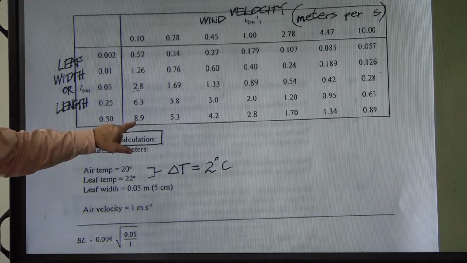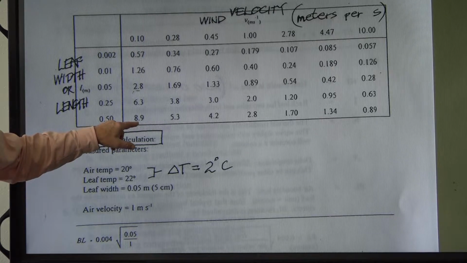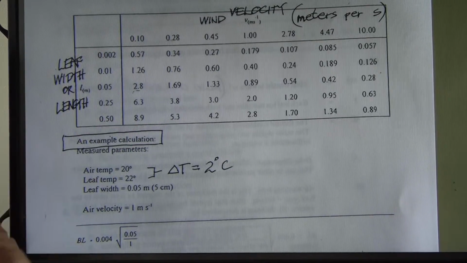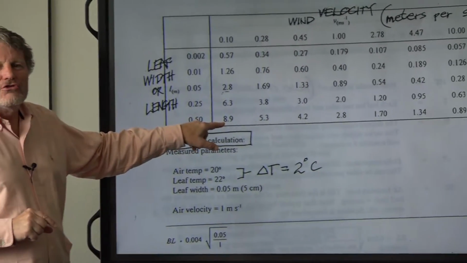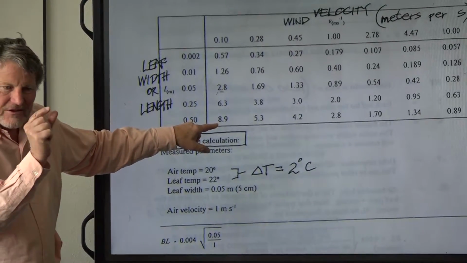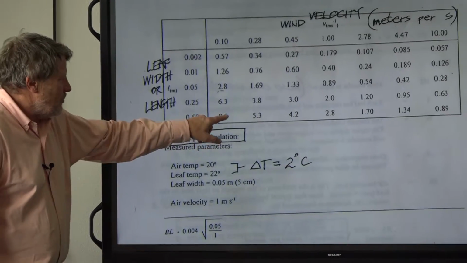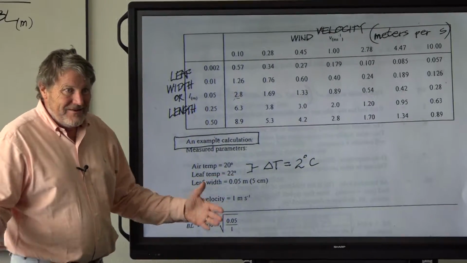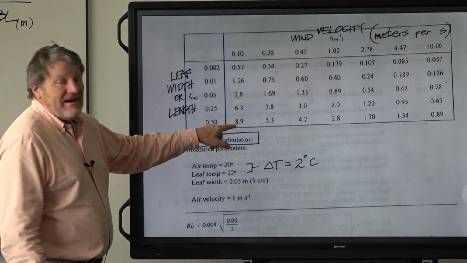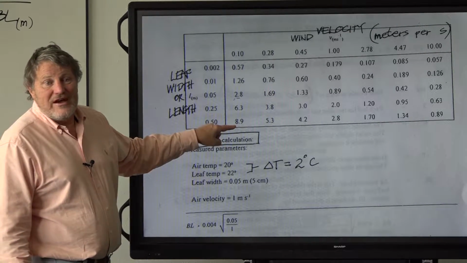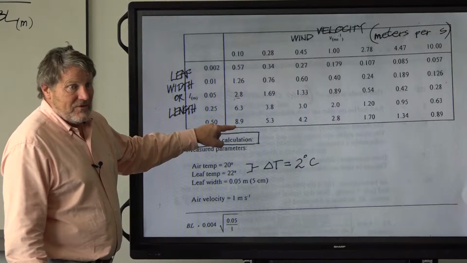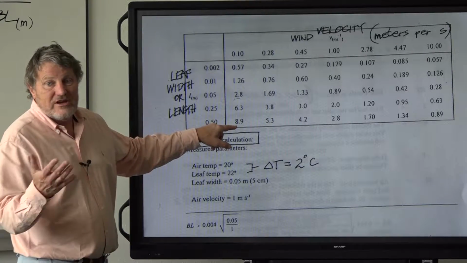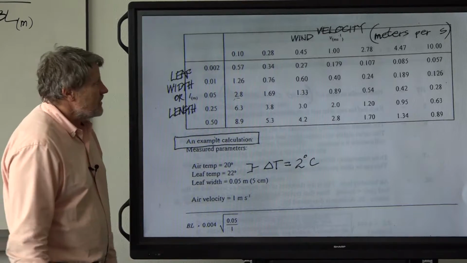A banana leaf with really low wind, wow, almost a centimeter. It's almost like having a thermal pane window around the banana leaf. 8.9 millimeters is pretty thick. So that would not stay in equilibrium with the air very well at all. It would heat up, and it would have to evaporate water to balance the energy because it's so well insulated.